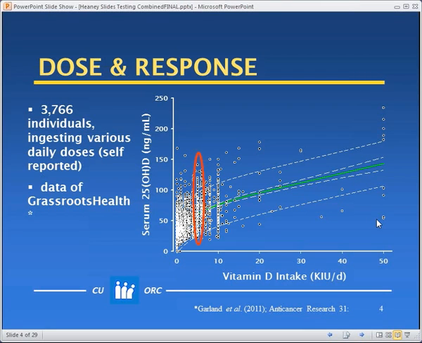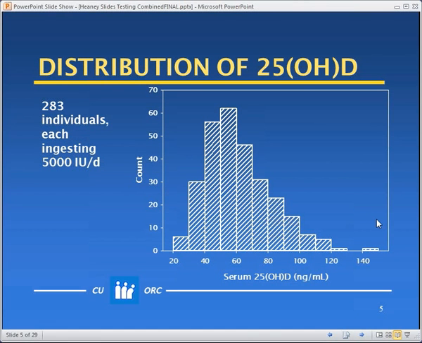And I'm going to focus here for a moment on just one intake point there. That's at 5,000 international units per day. Let's take all those points and spread them out horizontally and do what's called a frequency distribution. And what that does is to show you how many people were at one particular point of that distribution and how many were at others.